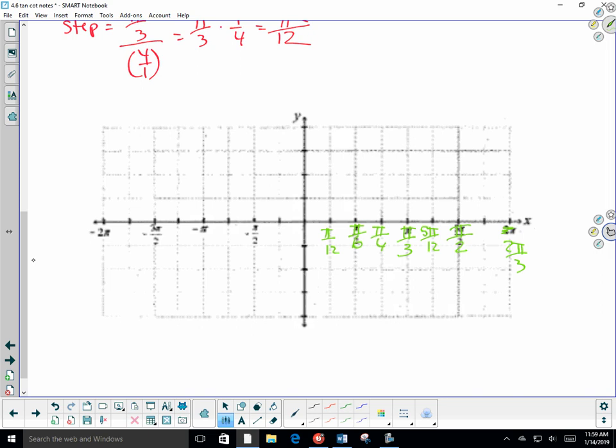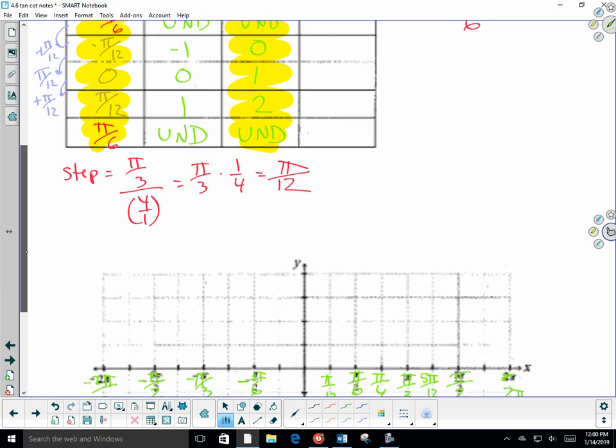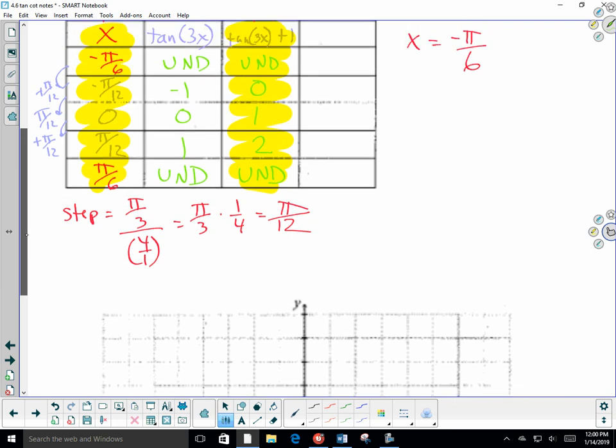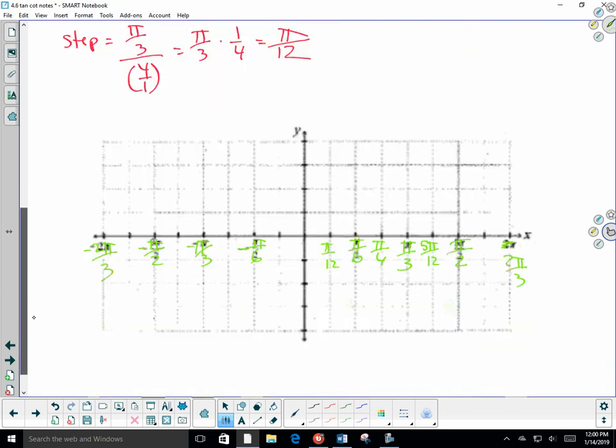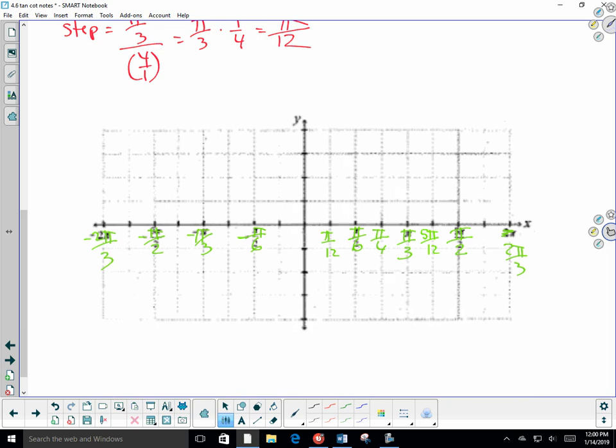Then I would want to change these over on this side also, like this is negative pi over 6, this is negative pi over 3, this is negative pi over 2, this is negative 2 pi over 3. Great. So now that we have those chosen and drawn in, I want to have negative pi over 6 be undefined and positive pi over 6 be undefined. So I can pop in my vertical asymptotes at negative pi over 6 and pi over 6.